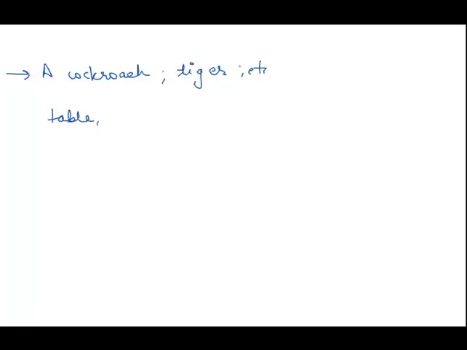But a table and a chair move only when we push or pull them. So these are non-living things. They do not show the characteristics of living things. So there are many differences between living and non-living things.